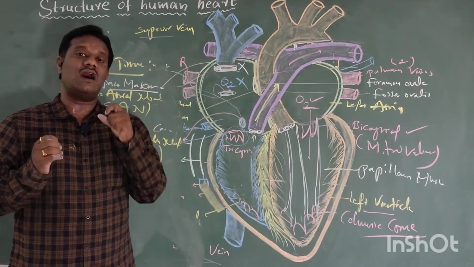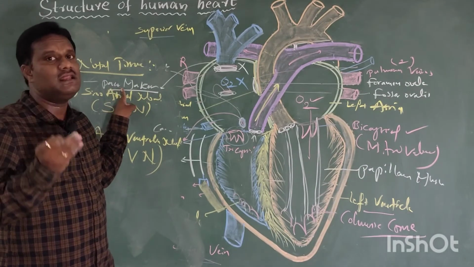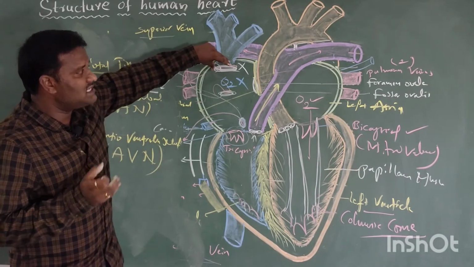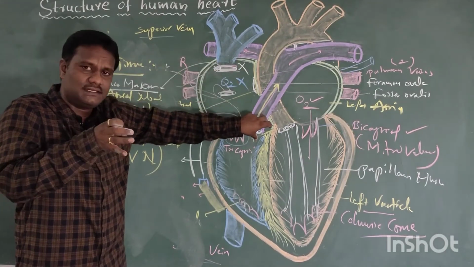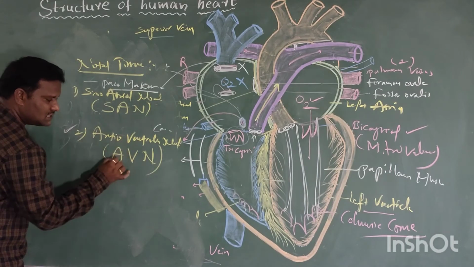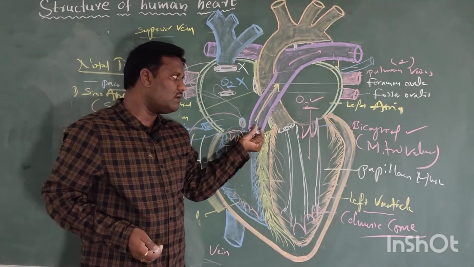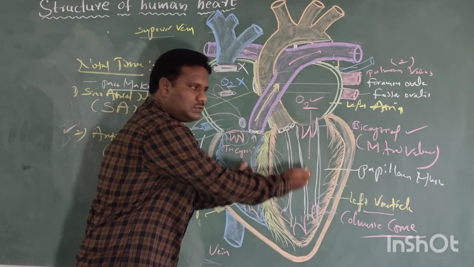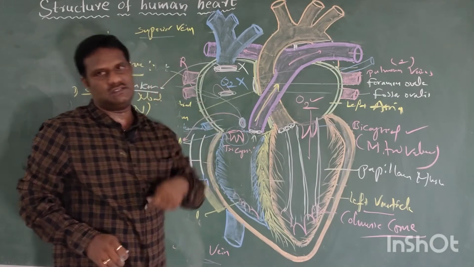The heartbeat starts from the pacemaker and is then collected into the next part, the atrioventricular node, which passes it on to the ventricular nodes.